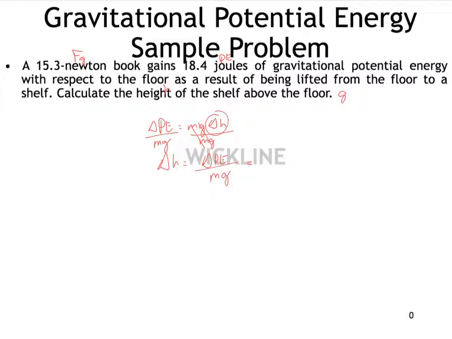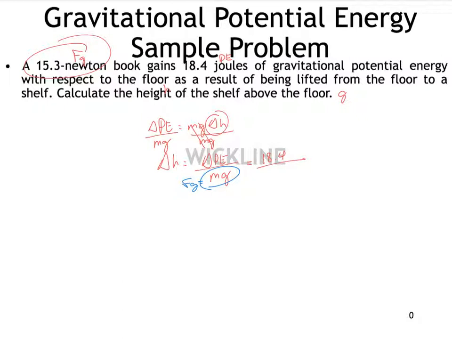The potential energy change is 18.4 joules, and the mass is not 15.3 newtons. The mass is going to be that divided by 9.81. However, I noticed that my equation has mg in the bottom, and Fg is mg, you might remember.